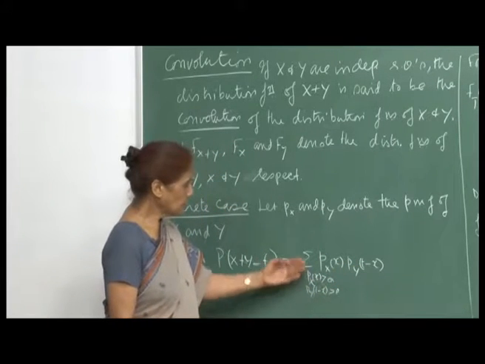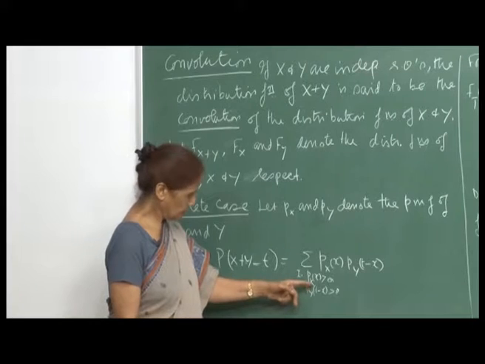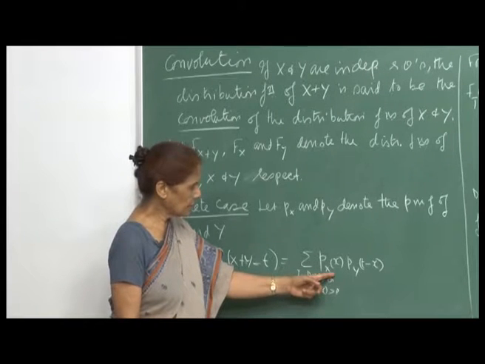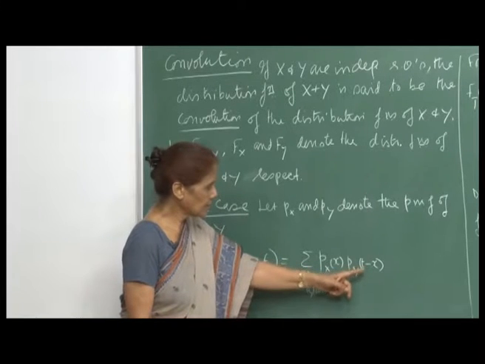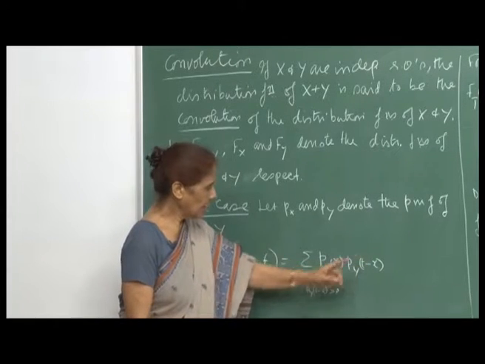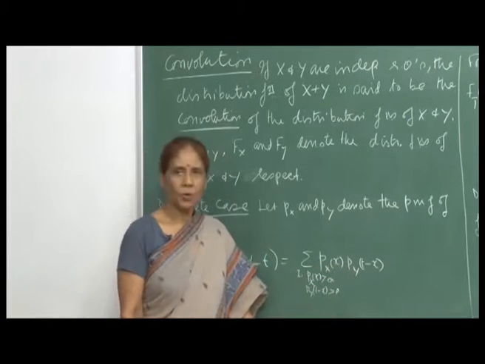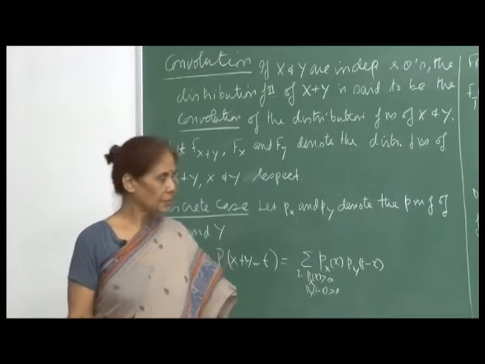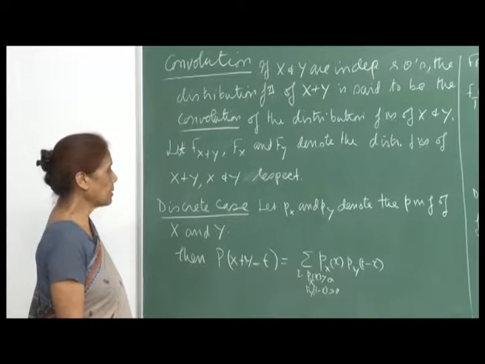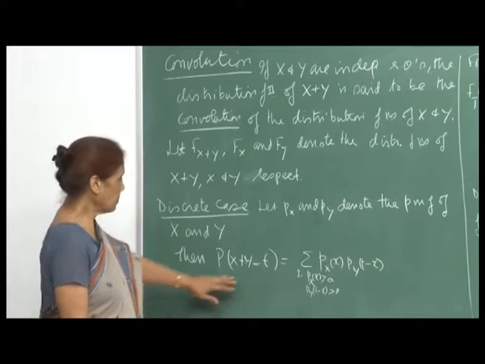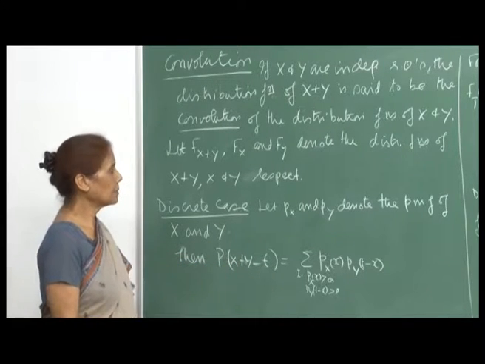Of course, the summation will be over all x for which this probability is positive, and also such that the probability of Y at t minus x is positive. Otherwise, since it is a product of these two probabilities, whenever one of them is 0, the contribution of that particular term will be 0. So, a simple definition, but we will see how we can apply it.